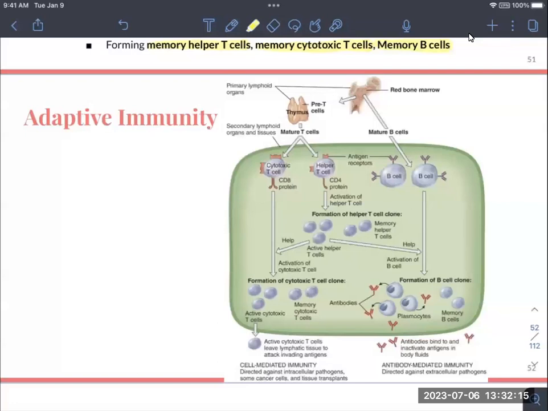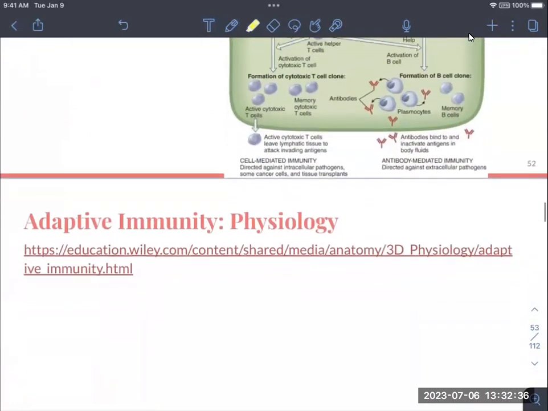Make more and more of these cells so they can go out and wage a war, attack against this specific antigen. But they're also going to make those memory cells so we can remember what happened before, so we don't get sick the second time we come across the same antigen again.